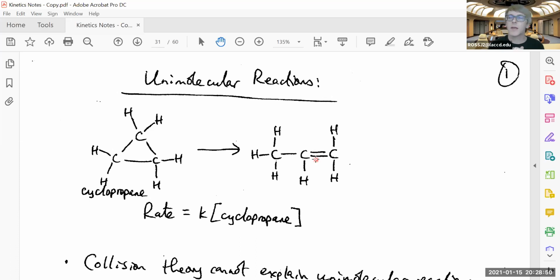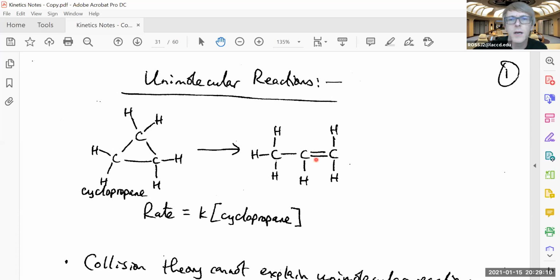But what happens if a chemical process is first order? That means that at the active site, you'd only have one such molecule, which would be a unimolecular reaction. So how does that happen? How can something collide without colliding with anything?